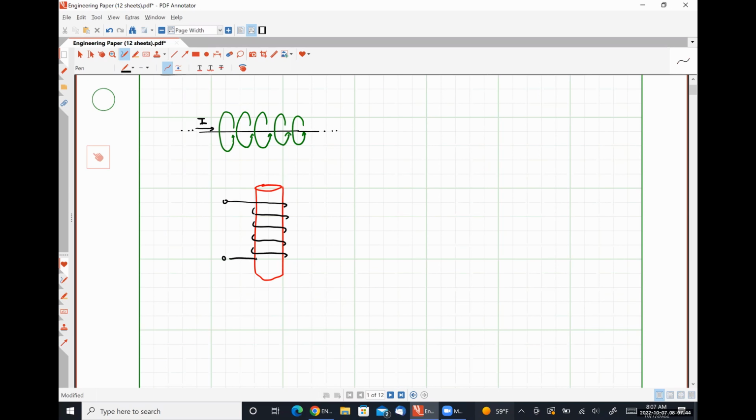Like so. If we were to pass some current through the wire, we would wind up observing what I'm going to call magnetic flux that is being compressed into the interior of this coil. Okay.